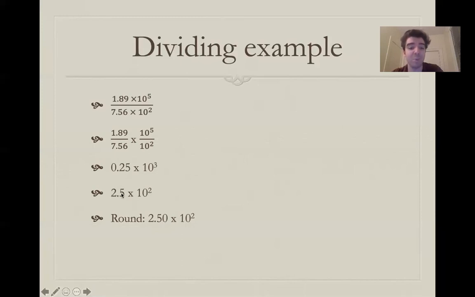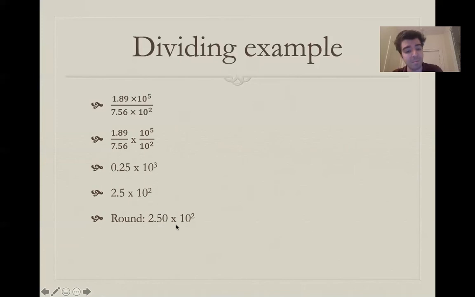If you say 2.5, that implies that you did not measure past the 5. But we actually do have, according to our first two numbers, enough precision to say that this is 2.50. We don't want to leave our reader wondering, I wonder if this was actually 2.51 and they rounded to 2.5. No, we actually know that it was 2.50.